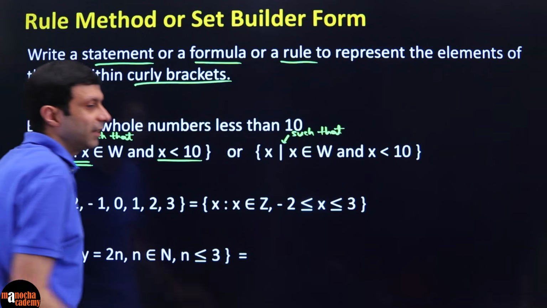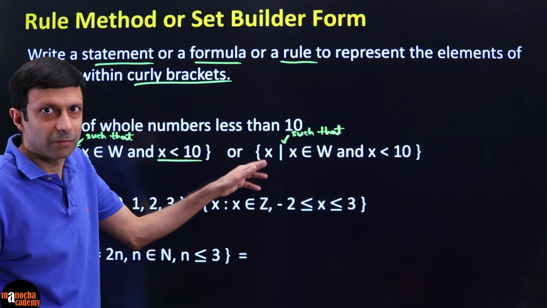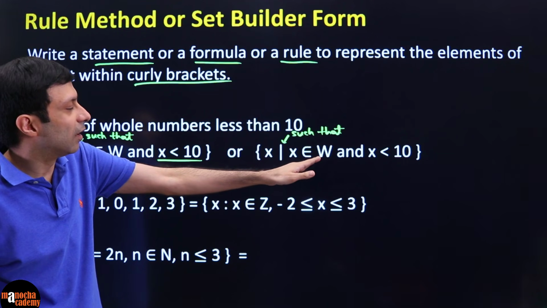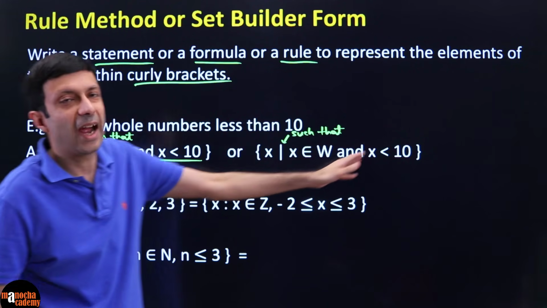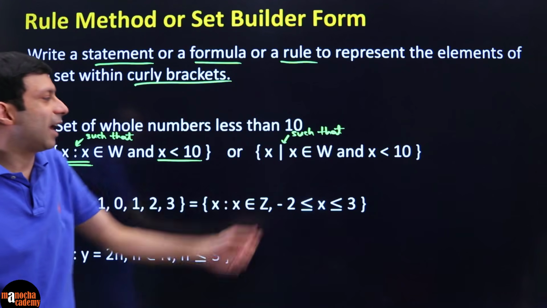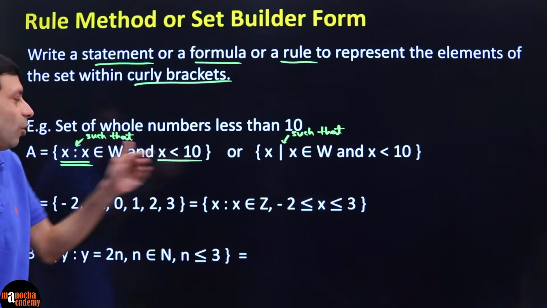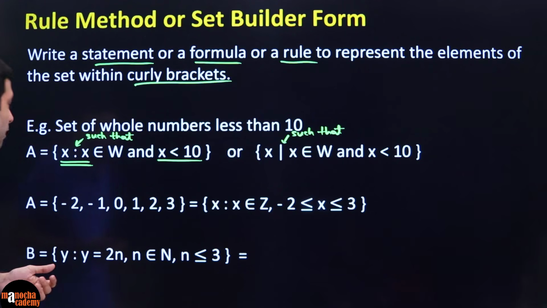So again here I can write the set similarly: x, the variable x, such that x is an element of whole numbers, belongs to whole numbers, and x less than 10. Now you can write an and or put a comma, that doesn't matter, but don't forget this line or the colon in the set builder method.